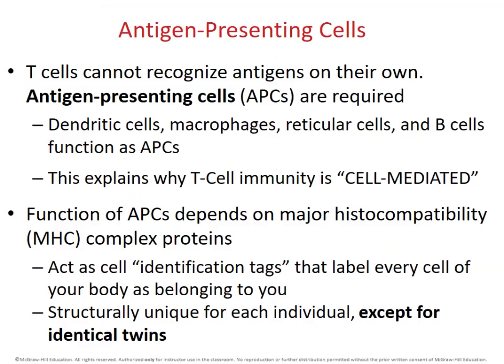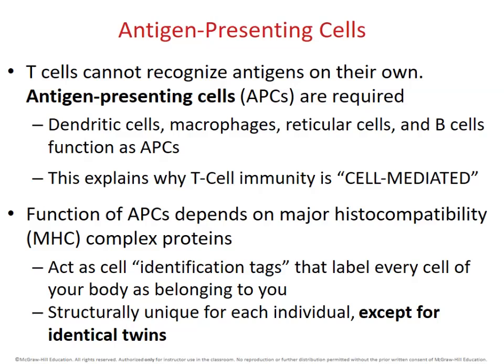All right, so more about APCs here. T cells generally don't recognize antigens on their own. In this case, for the T helper, we need the antigen presenting cell to be required. And this is, again, all the types of cells that can function as an APC.